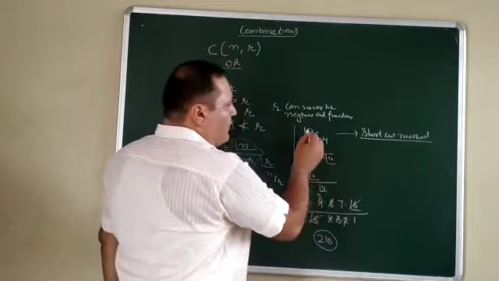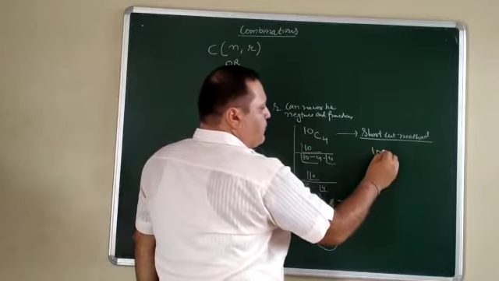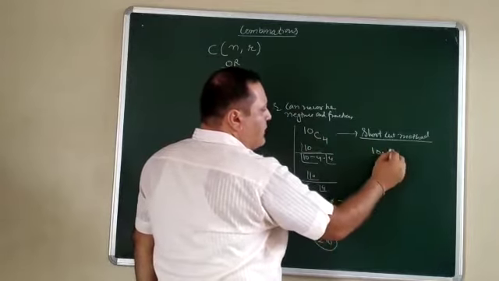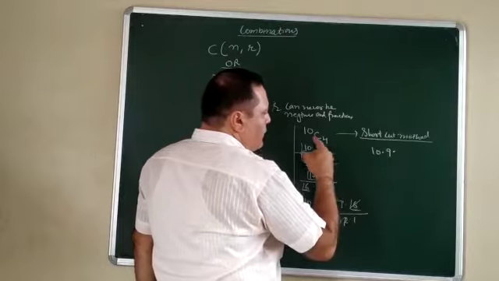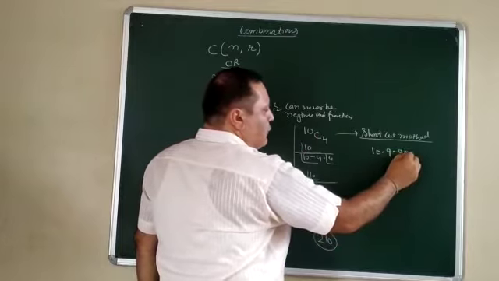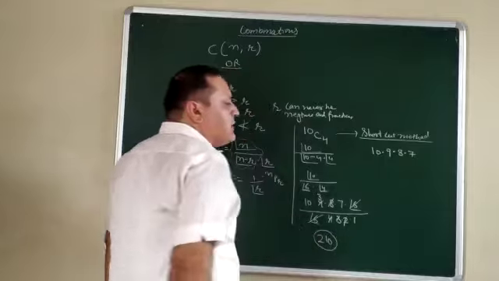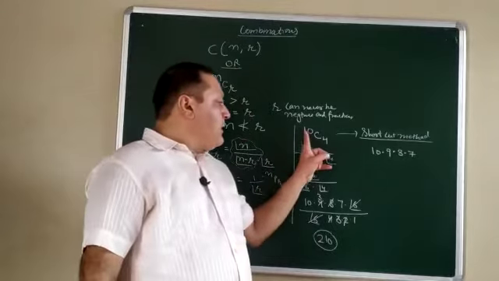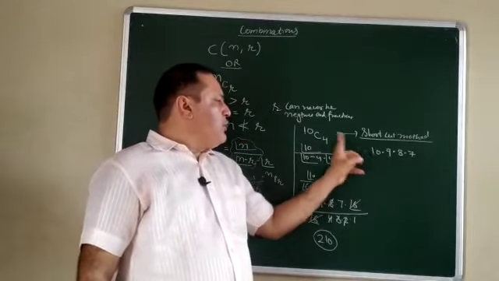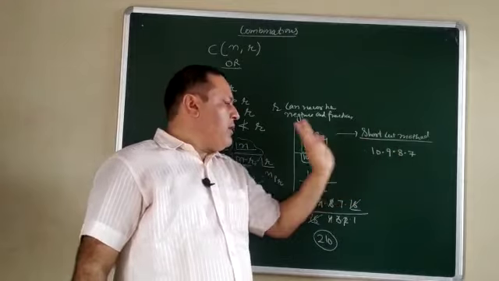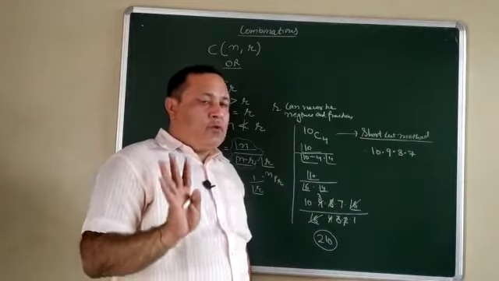Now see, the first step is 10, the second step reduces 1, that is 9, the third step reduces 1, that is 8, the fourth step reduces 1, that is 7. How many steps do we take? We take 4 steps.